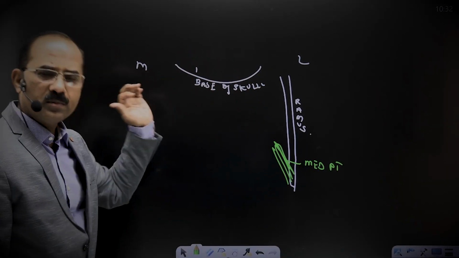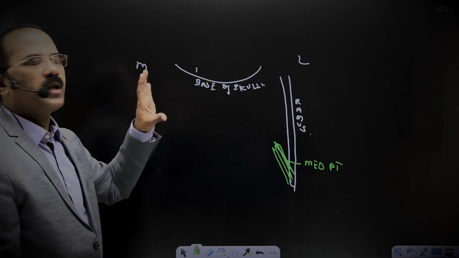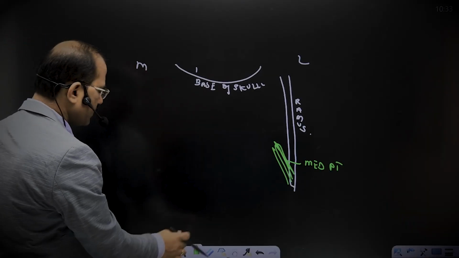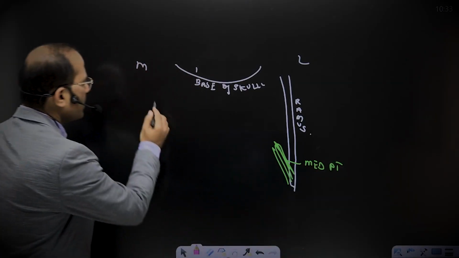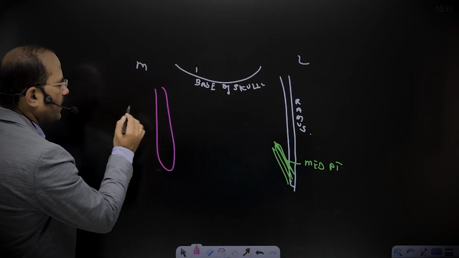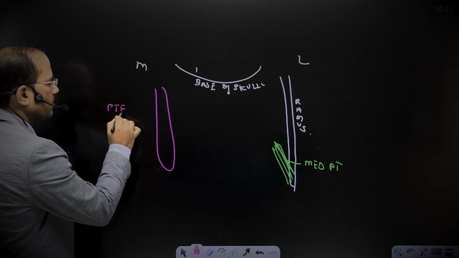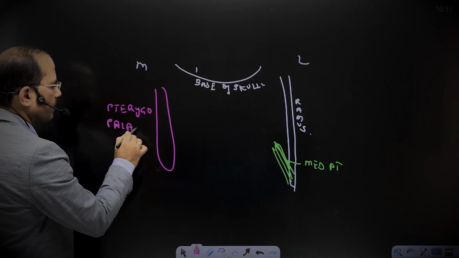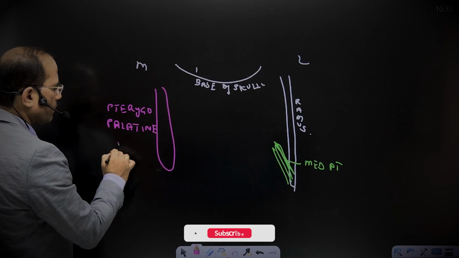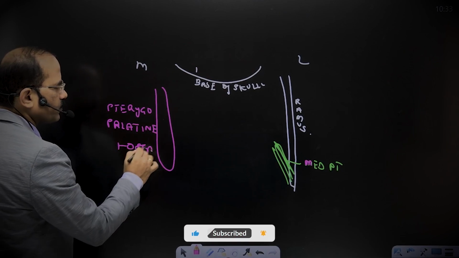When I look on the medial aspect from the infratemporal fossa, what do I see here? How do I draw this? One moment. I'll just make a fossa here and I write this as the Pterygopalatine Fossa. Clear?